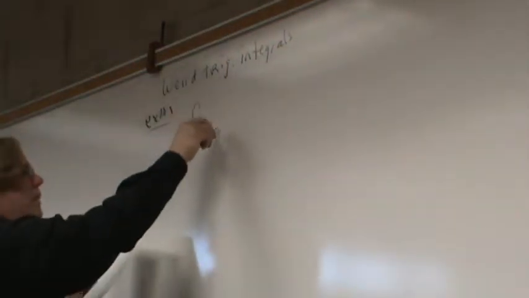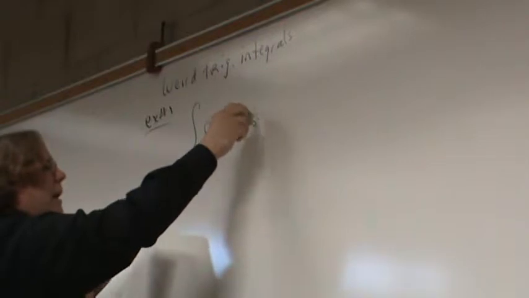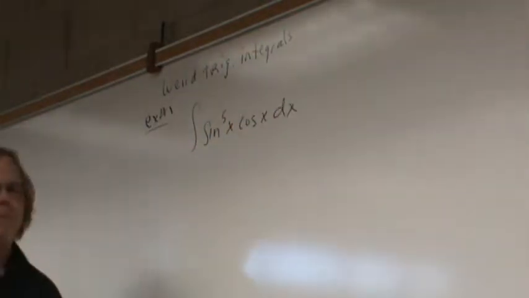Here comes example number 1, the integral of sine to the 5th x cosine x dx. Tell me, what's my u going to be? This is all u substitution, or most of it is. Sine. Yeah. Why is sine of x a really good choice?